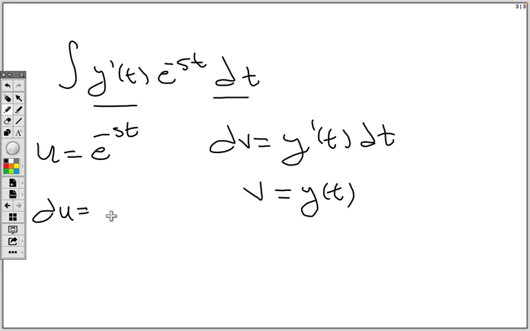Yeah, good. We'd have a minus s e to the minus st dt. And then we can do the old integration by parts. uv minus the integral v du.